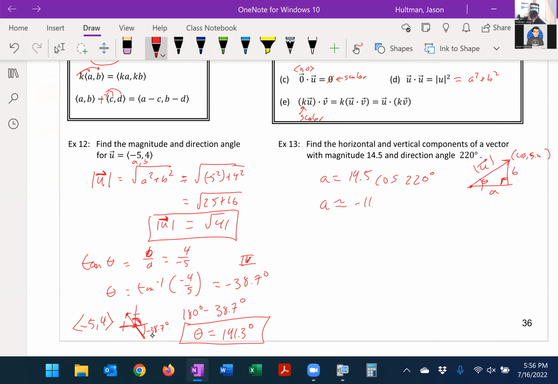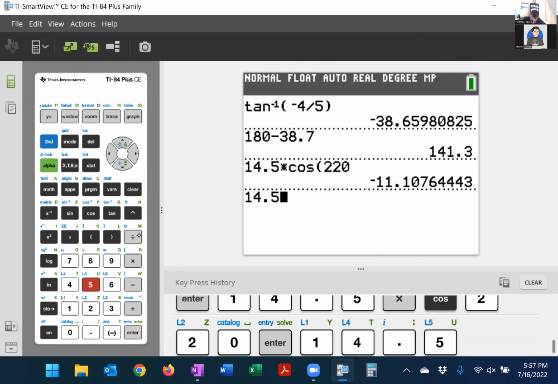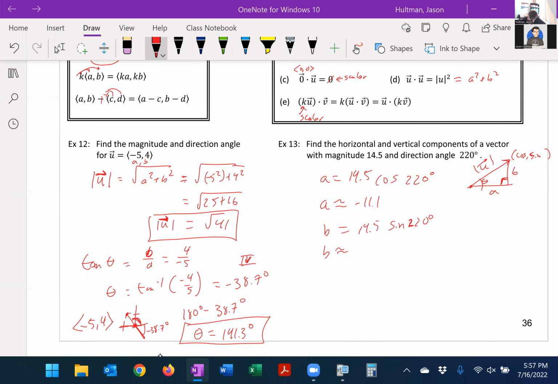B is equal to 14.5 times the sine of 220, which is approximately negative 9.3.